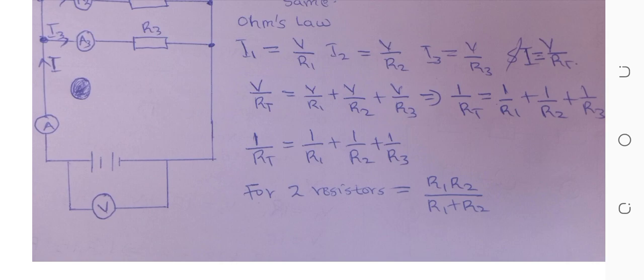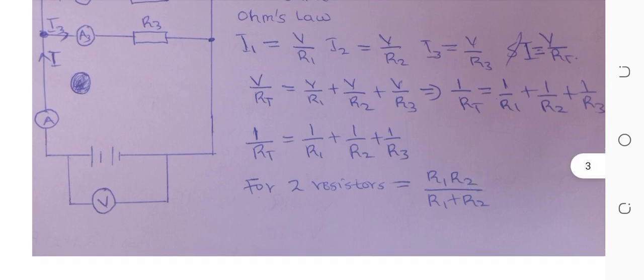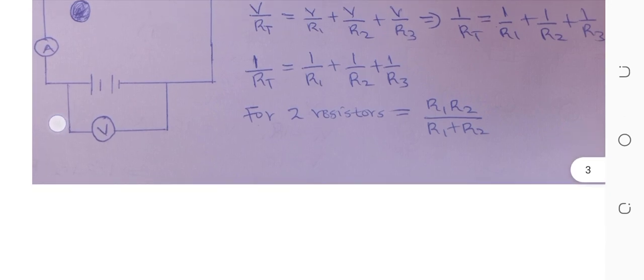For two resistors, the total resistance R total is equal to R1 times R2 divided by R1 plus R2. That is the product of the two resistances all over the sum of the two resistances.